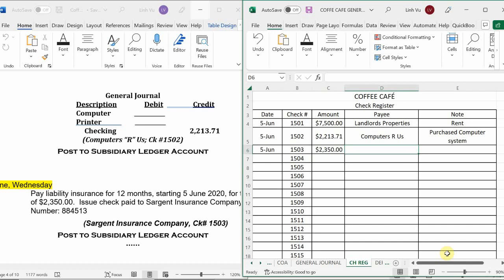To whom did we write this check out to? Sargent Insurance Company. Okay. What was it for? 12-month insurance.